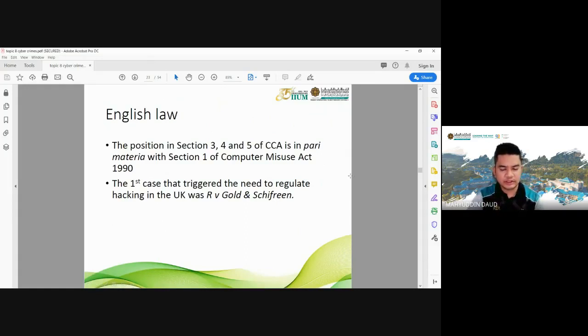So in the first instance, before the enactment of the Computer Misuse Act 1990, the UK actually had no law to regulate hacking, or unauthorized access. It was because of the case of Regina against Gold and Schifreen that triggered the need to have a law against hacking.